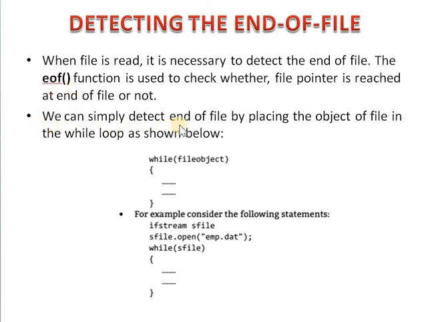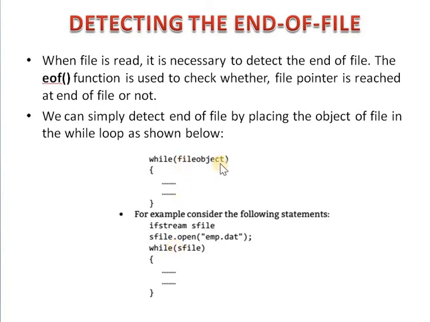We can simply detect the end of file by placing the object of a file in the while loop as shown in the below figure. How to detect the end of file? There is one simple mechanism where we place the object of a file in a while loop.